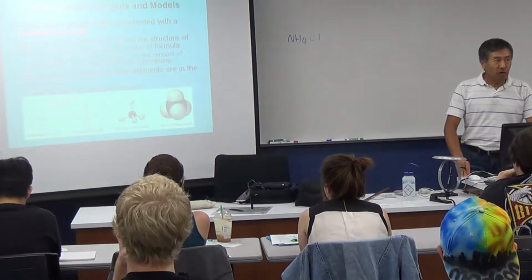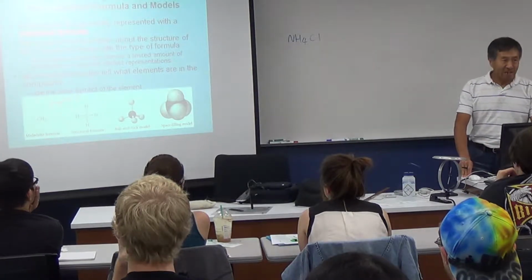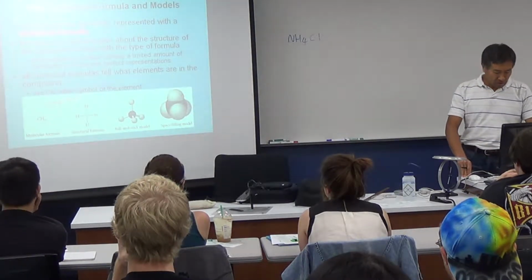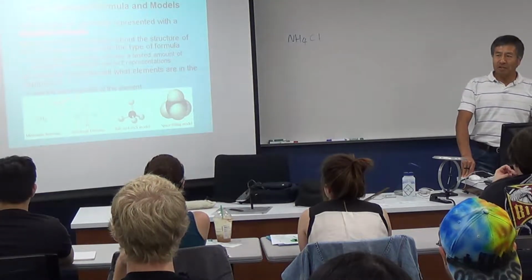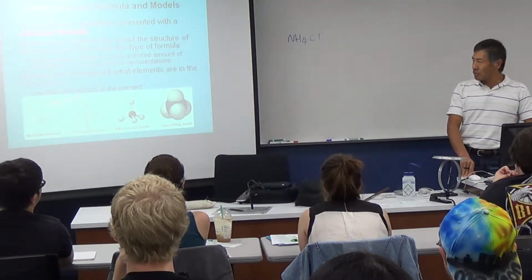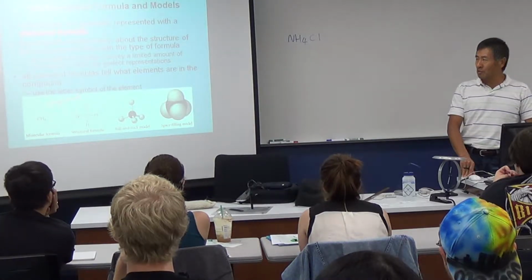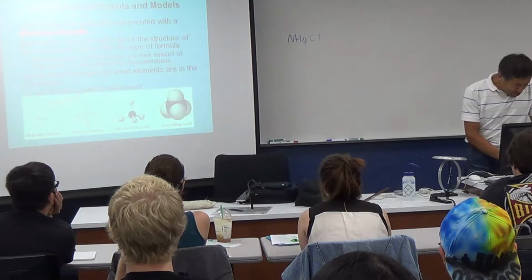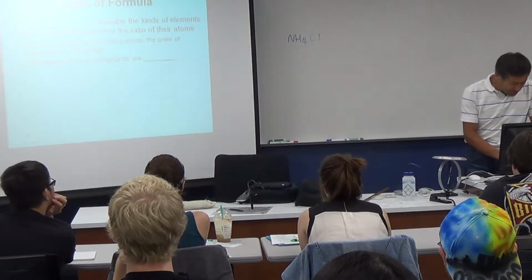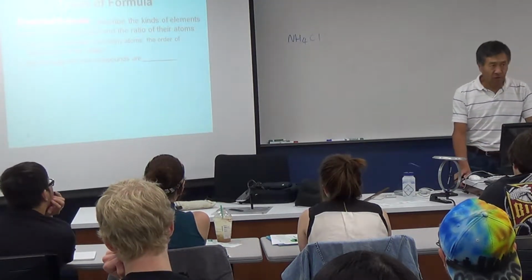The empirical formula is another way to represent compounds. We will study each of those formulas and models in a little more detail, so let us first see what we mean by the empirical formula.